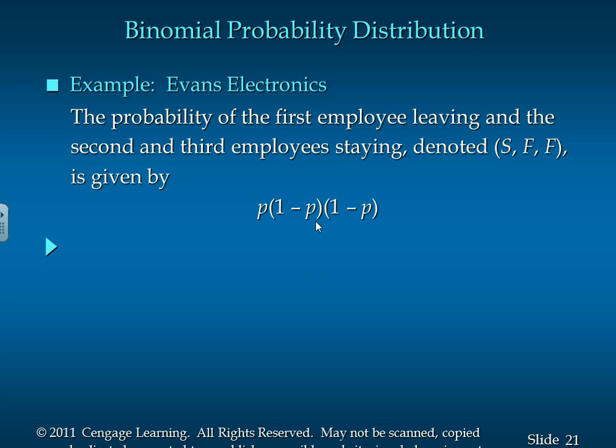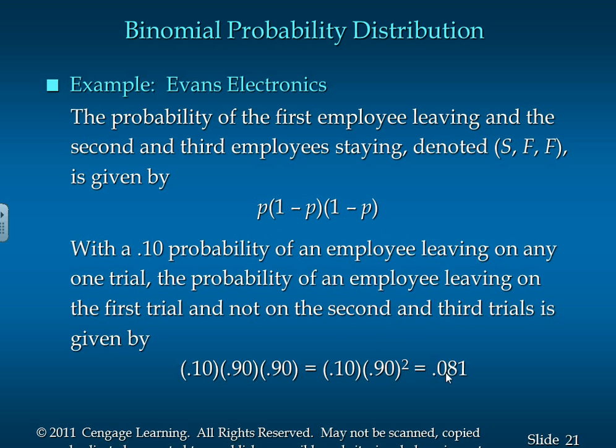The probability of not staying, 1 minus p. Okay, so that's what that's saying. There's the probability of not being there, probability of being there. All right, so 10% of them stay, 90% of them don't.